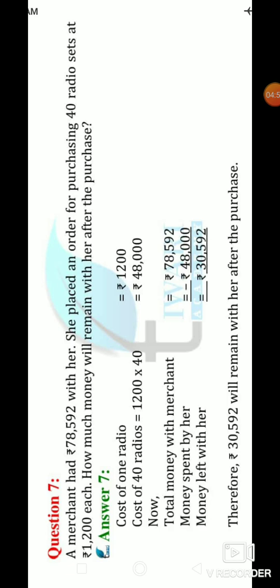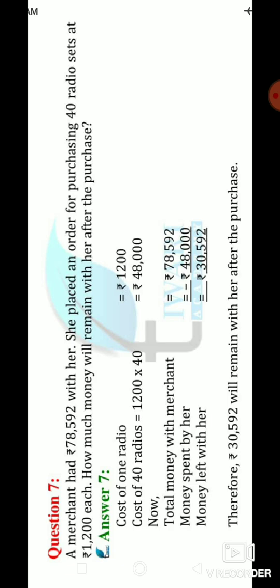A merchant had rupees 78,592 with her. She placed an order for purchasing 40 radio sets at rupees 1200 each.